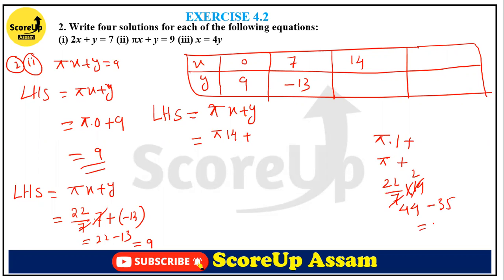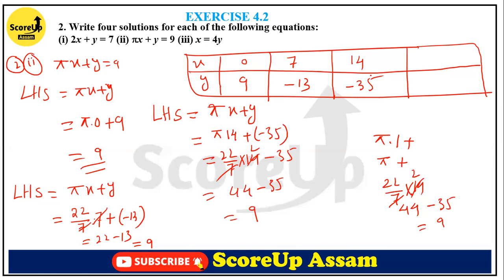With 44 minus 35, which is what? 9. So if we put x as 14, y should be minus 35, because it will be 22 by 7 into 14 minus 35. It will be 9. So x is 14, y is minus 35. Is it clear?